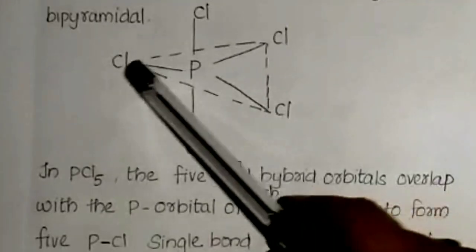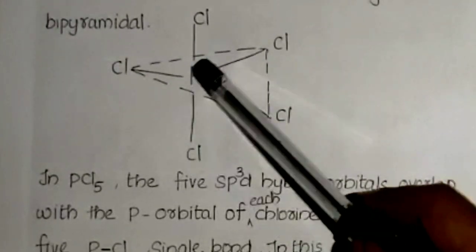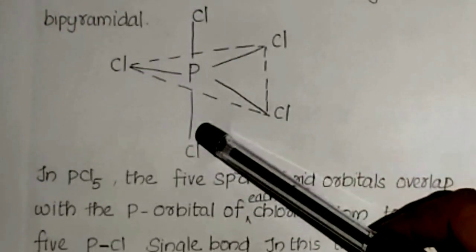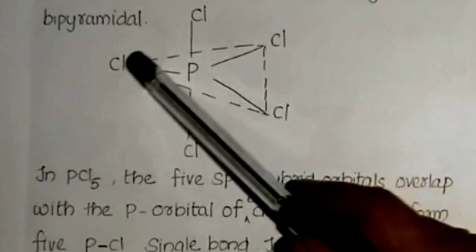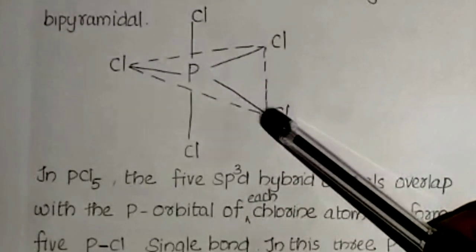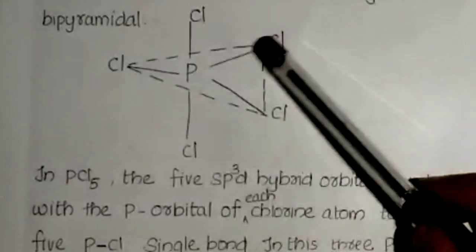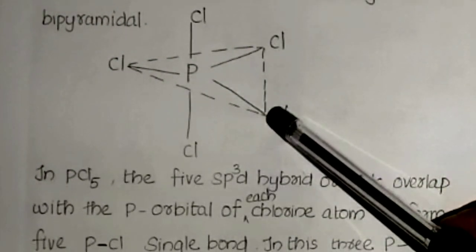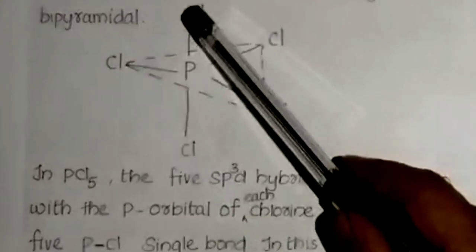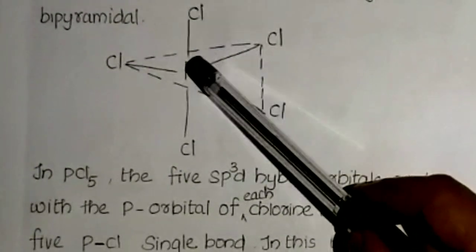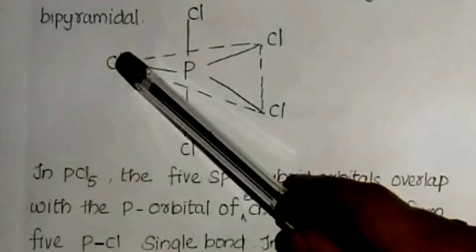These axial bonds suffer more repulsion from the equatorial bonds. Therefore, the axial bond lengths are slightly longer than the equatorial bond length.